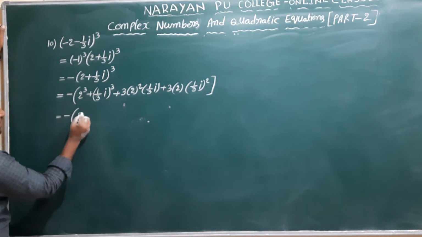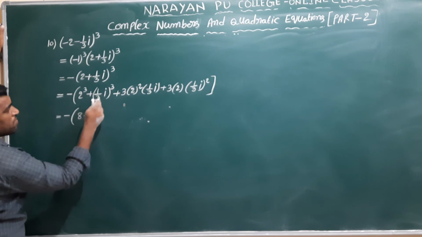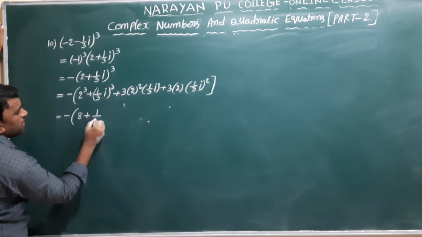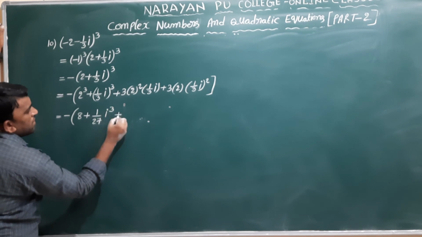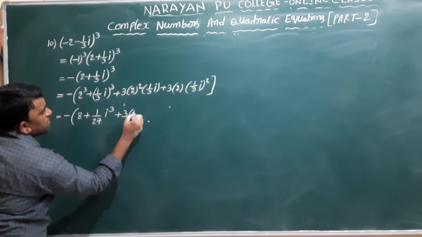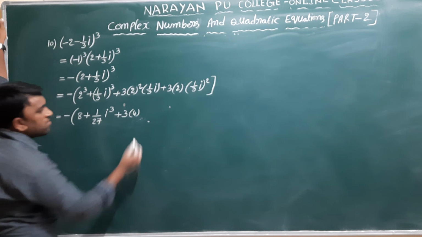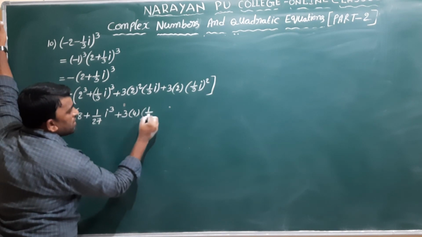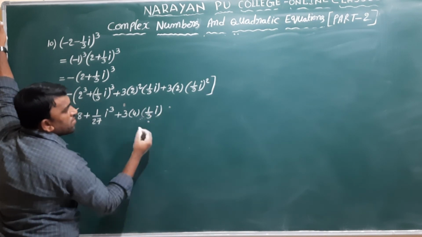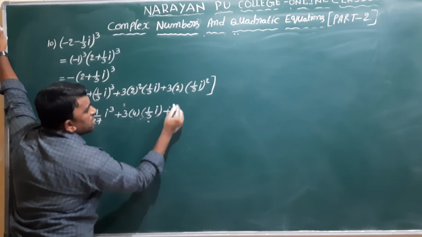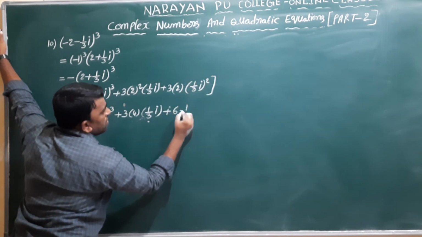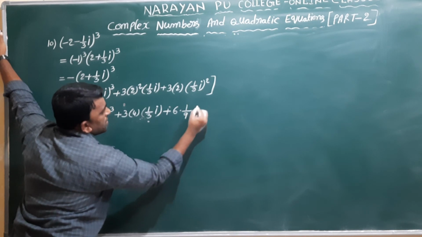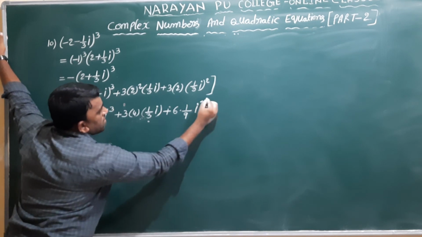Two cube is 8, plus 1 by 3 whole cube is 1 by 27, i power 3 is i cube, plus 3 into 2 square is 4, 1 by 3 into i, plus 3 into 2 is 6 into 1 by 3 i whole square. 1 by 3 whole square is 1 by 9 into i square.